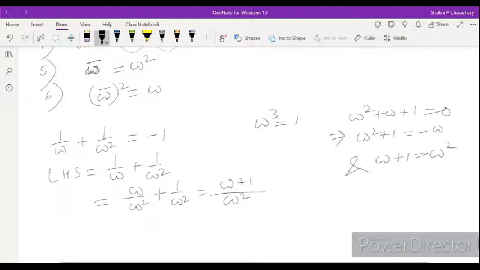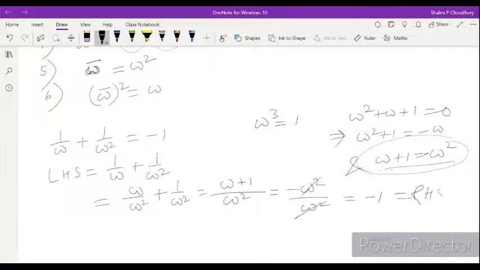Now what is the value of omega plus 1? It is minus omega square, divided by omega square. Omega square cancels, and it will be equal to -1, which is equal to the RHS. Hence proved.